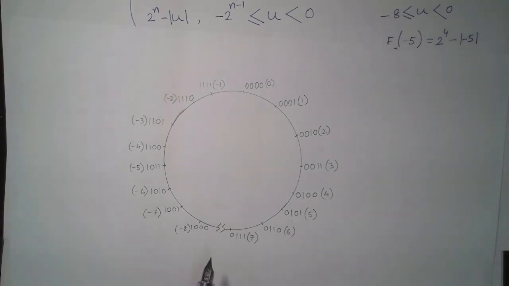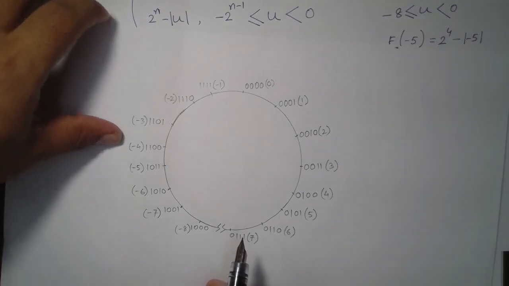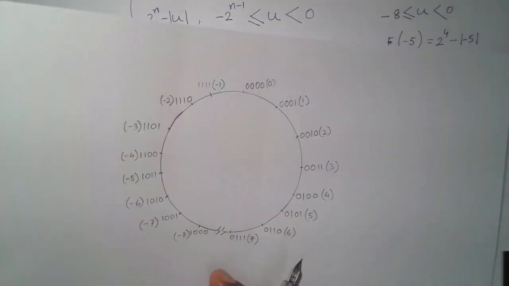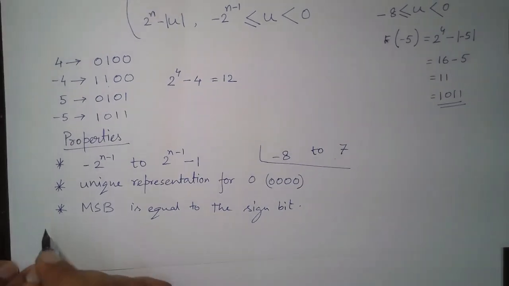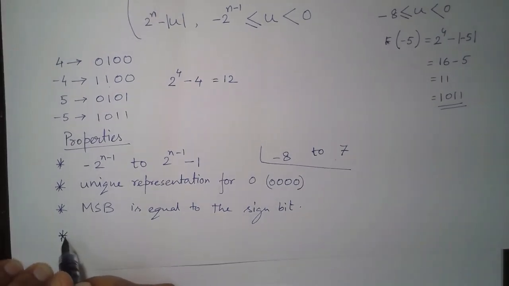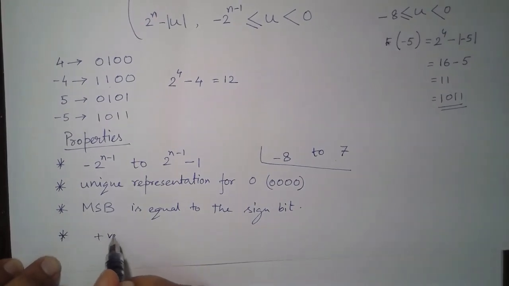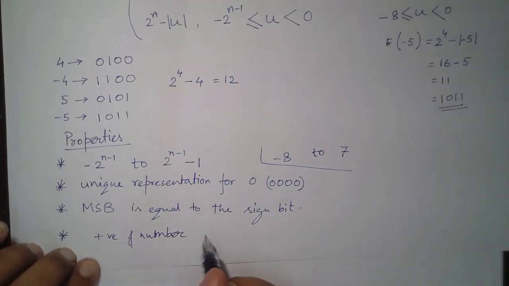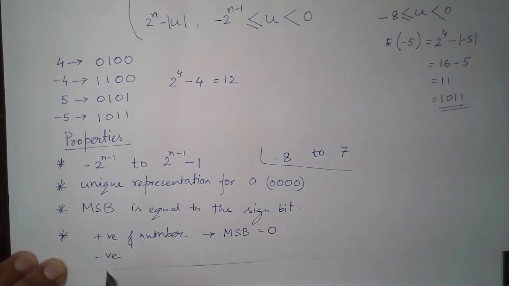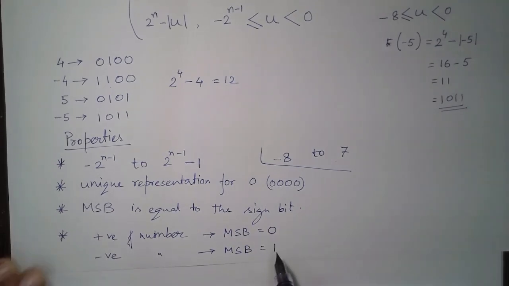So a positive number in this 2's complement notation will always have MSB equal to 0, and if the number is negative, then the MSB is equal to 1.